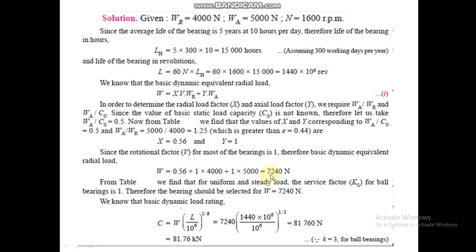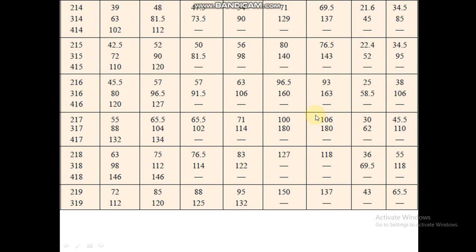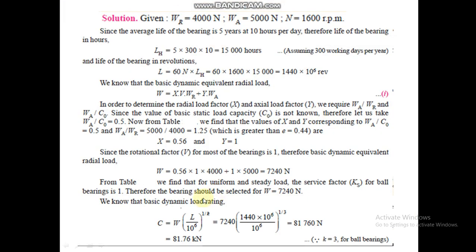So it comes out to be 7240 Newton. From the table, we find that for uniform and steady load, the static service factor Ks for ball bearing is 1. So Ks will be 1. So we will design the bearing for 7240 Newton load.